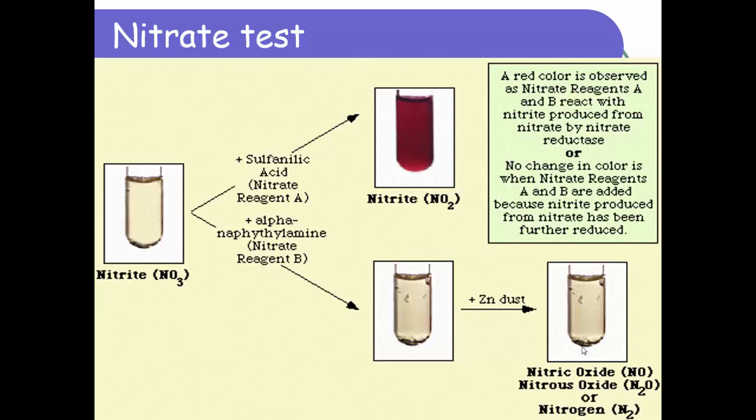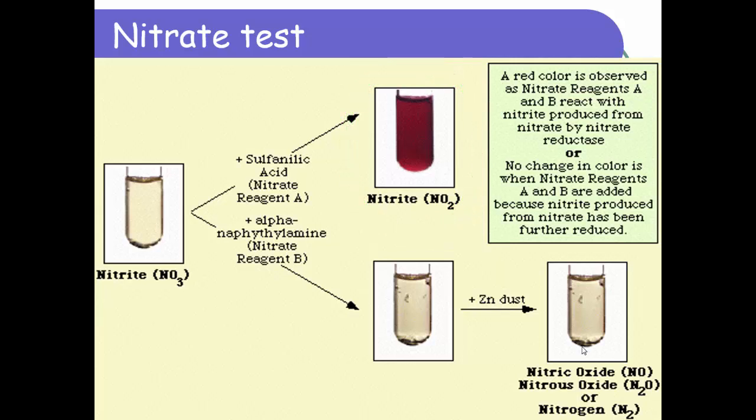When nitrate reagent A and B are added, if the tube turns red, this shows that we have broken the nitrate, NO3, down to nitrite, NO2, and therefore it is considered positive.